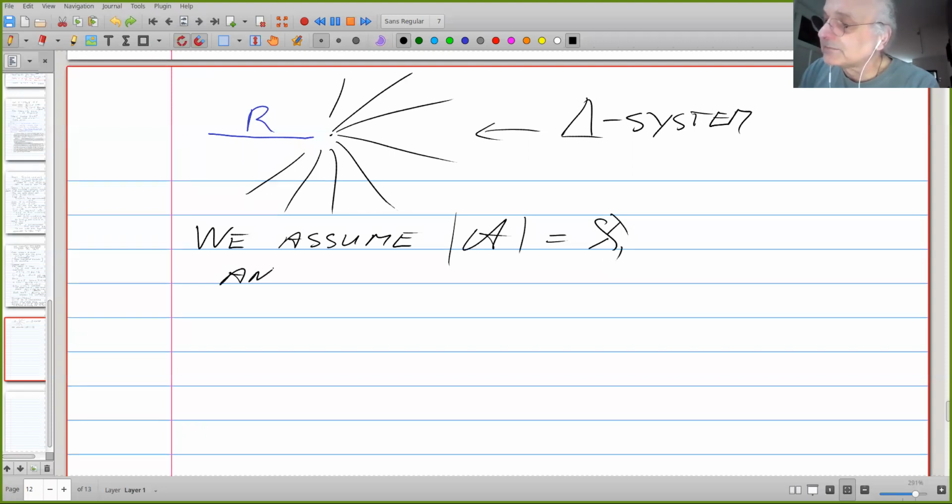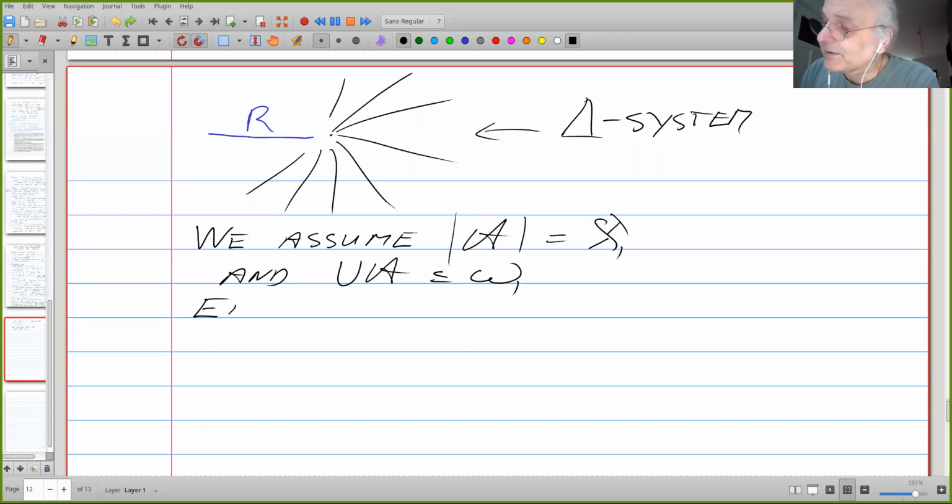And because A consists of finite sets, we may as well assume that all members of A are subsets of omega 1. We simply well order the union of A in type omega 1, and let's be done with it.